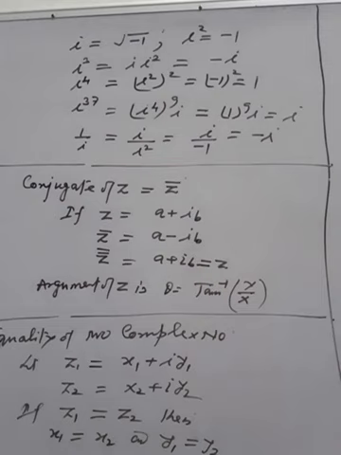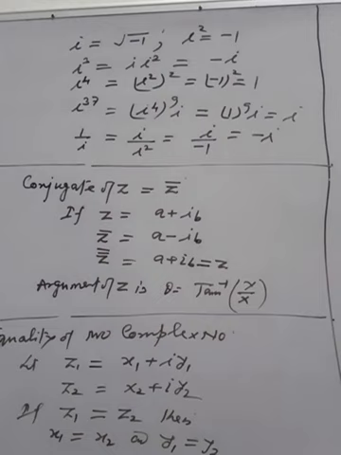For big powers, when you have to find the value of i raised to the power 37, you can break it on the base of i raised to the power 4. Why? Because you know what is the value of i to the 4? 1. So i to the 4 raised to the power 9 into i. 9 times 4 is 36, into i, that is 37.